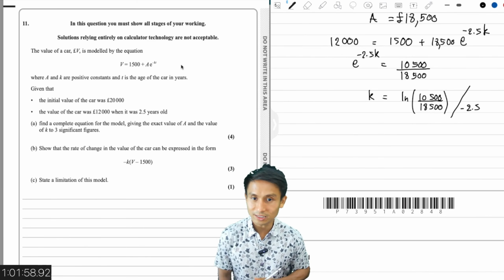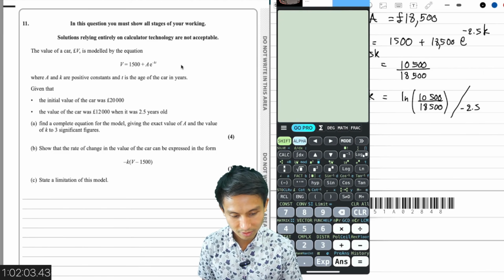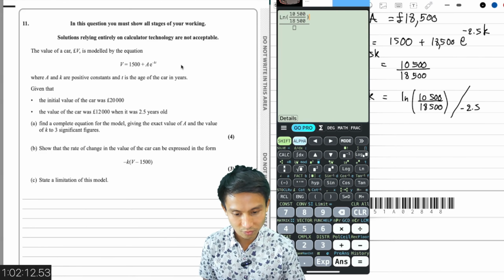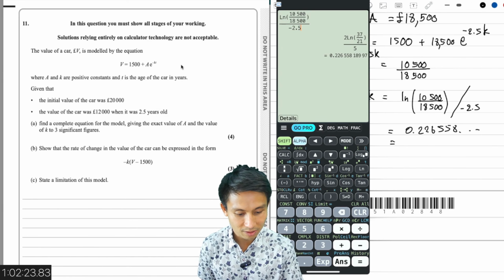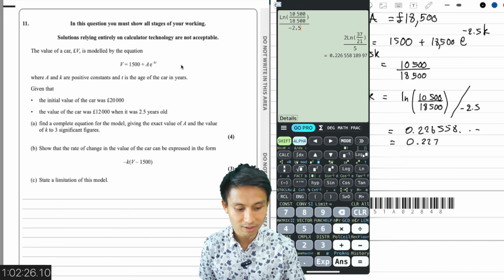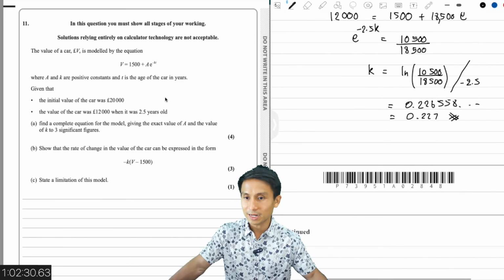So we want 3 significant figures for k. So ln of the fraction 10500 over 18500, close bracket, divided by minus 2.5. So that's going to be 0.22365558. I'm going to write that first and then round it to 0.224. Okay, so that's part A done.